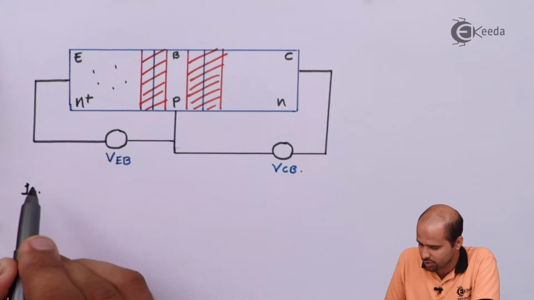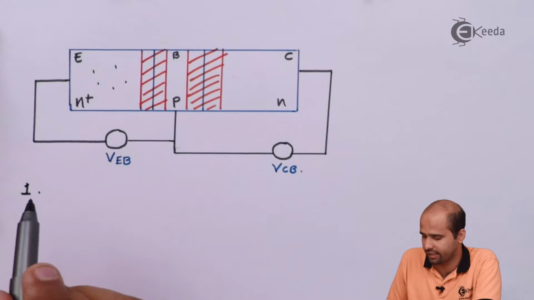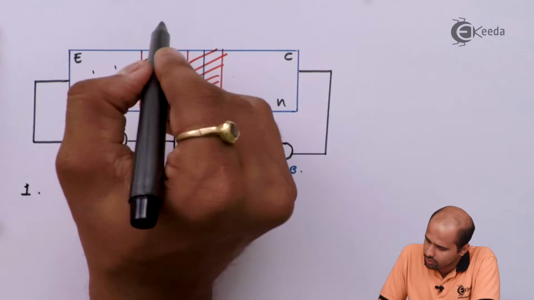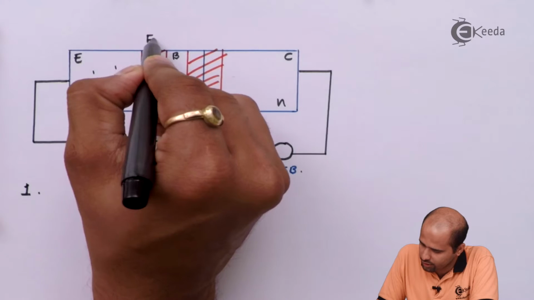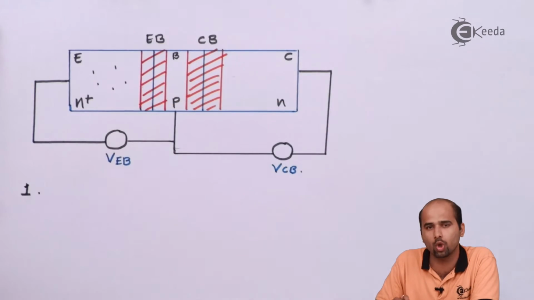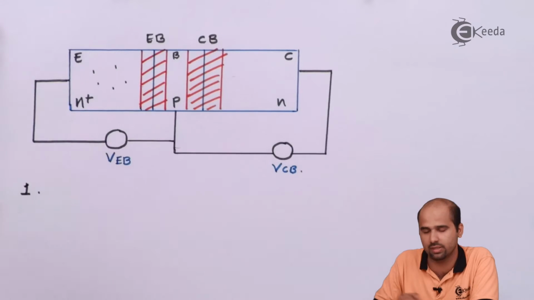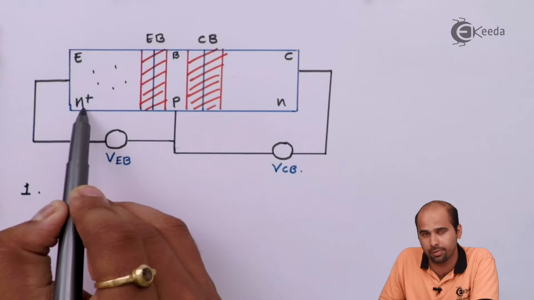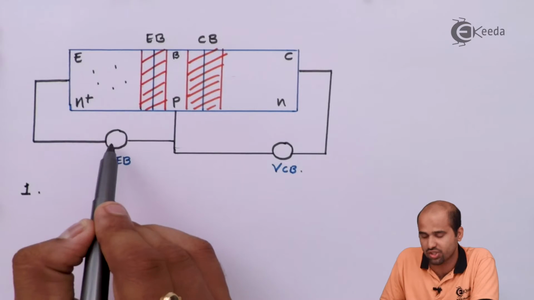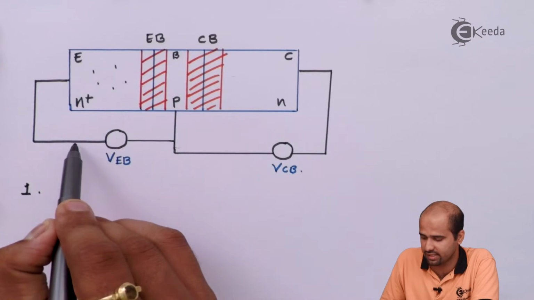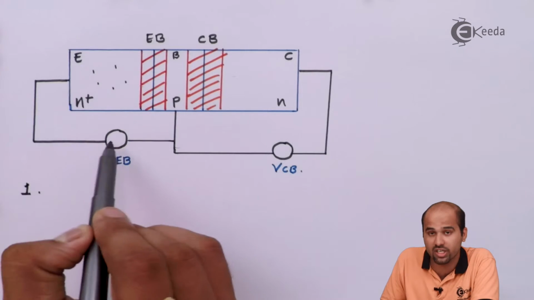Let us see. First possibility that we will be getting is VBE. This is the EB junction and this is the CB junction. So we will concentrate more on the EB junction and CB junction. Now tell me, when the EB junction is forward biased, as this is an N-type region, if we place a positive supply towards the emitter side, then electrons will come towards the positive side.